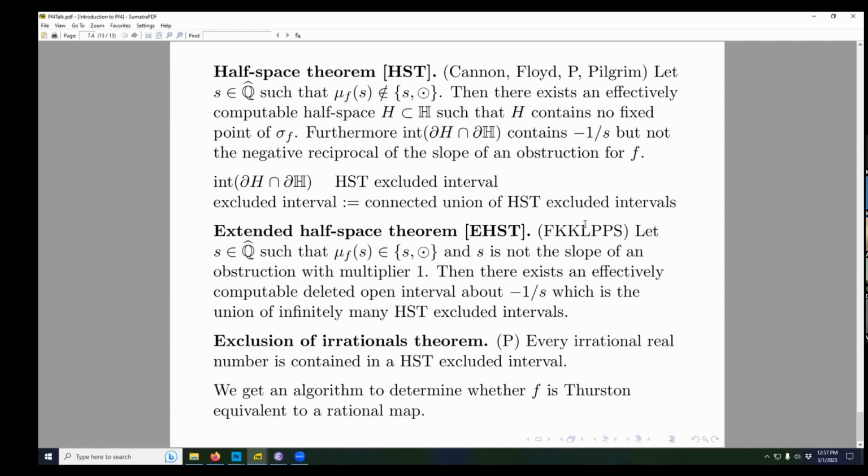And that information can be used to get information on a sequence. So we start with any half-space theorem excluded interval, and then apply the stabilizer to the slope that we use there. Yeah, I see what you get. You get another interval that's not too far away from the interval with which you started, and then you iterate, and eventually these intervals begin to overlap.